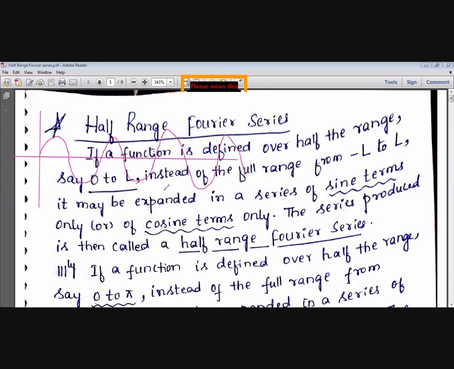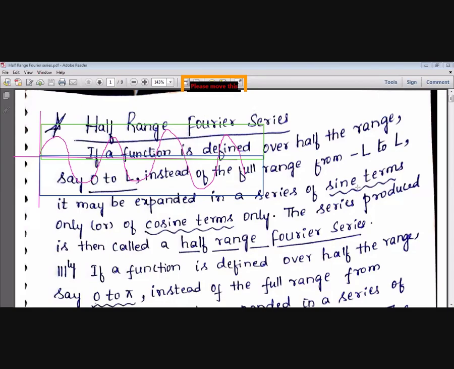If a function is expanded only in this half part, either in this half or in this half, then it is a half range Fourier series.